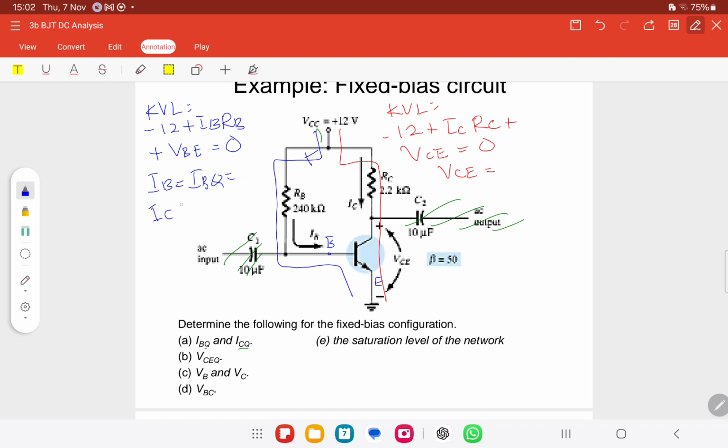How about IC? Because the question wants IB and IC. IC equals beta IB. So get me the value of IB, IC, VCE.